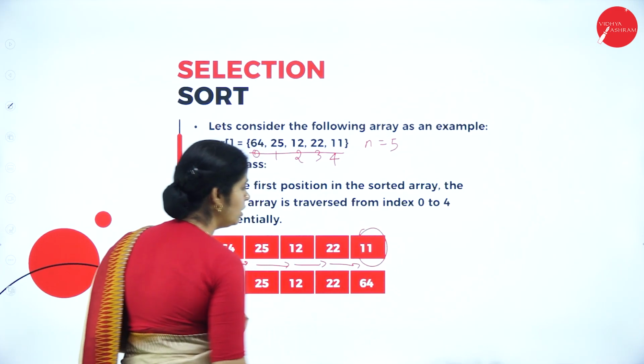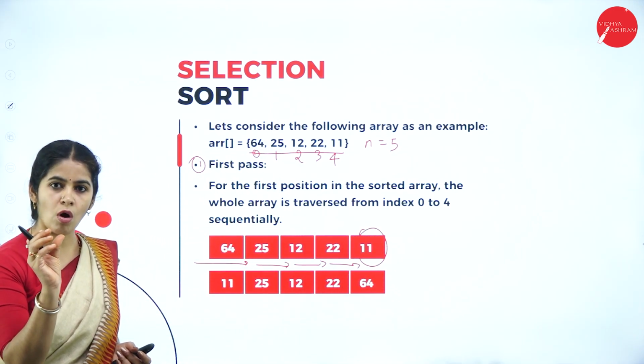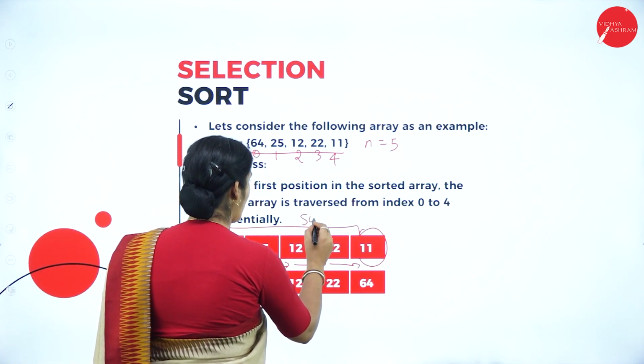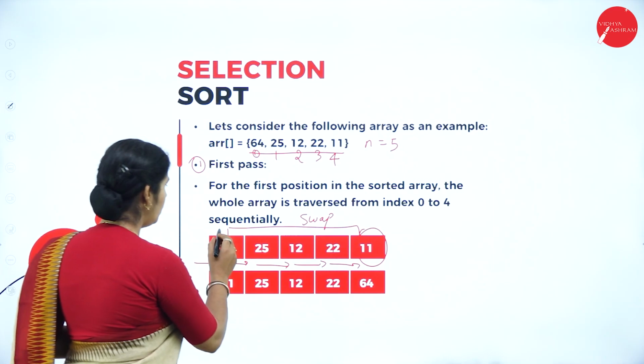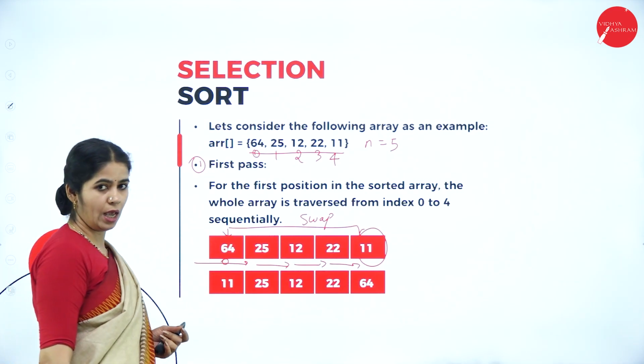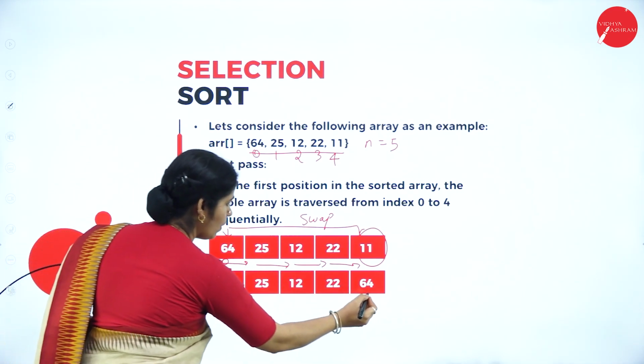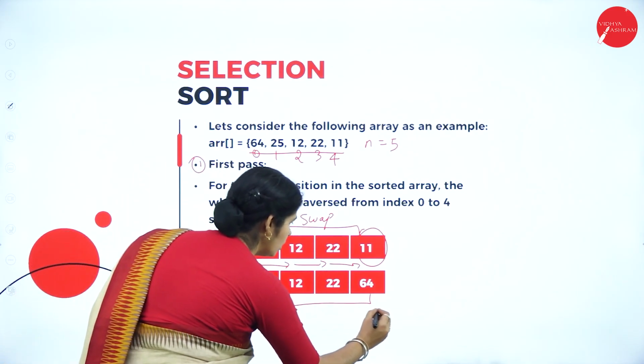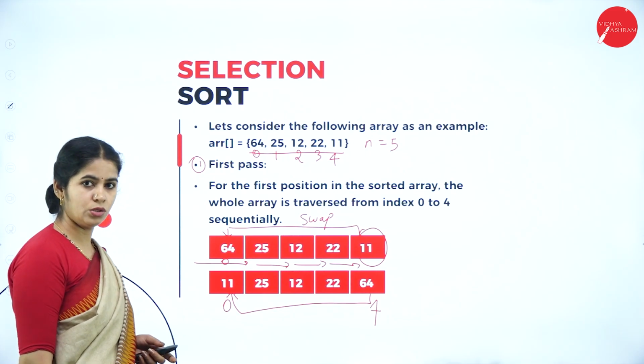At position 4, I am finding the smallest element. Thus, the smallest element has to be swapped, right, with the 0th index. That's what they are doing. Swap 11 and 24, the 0th index with the 4th index, right?